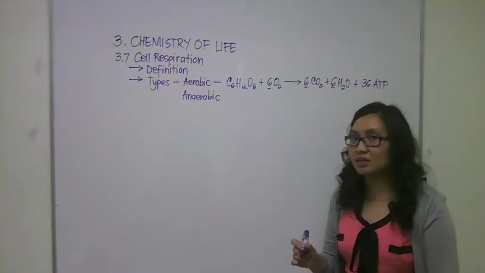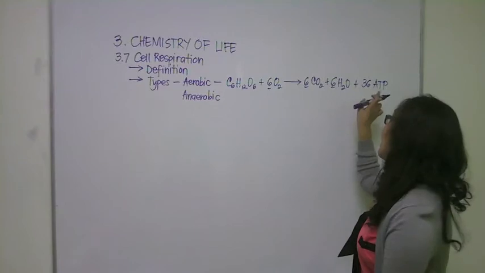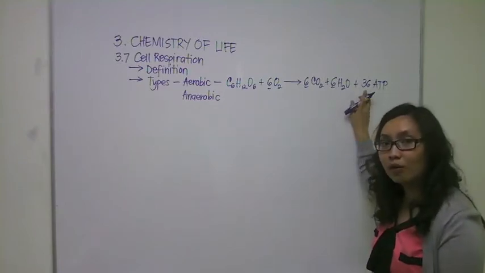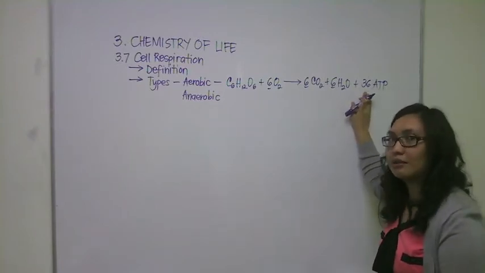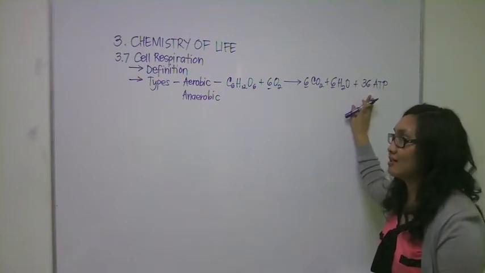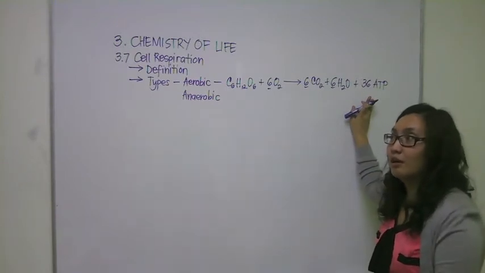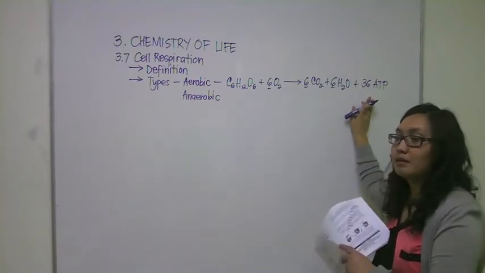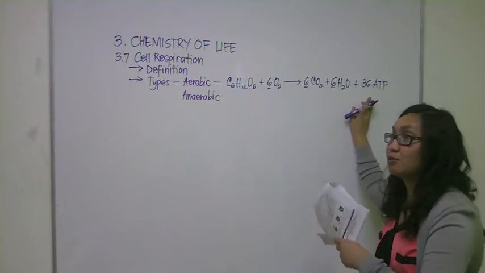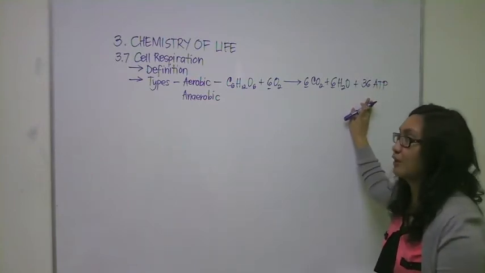In the case of HL students, we can further dissect where we acquire the 36 to 38 molecules of ATP. But for SL students, we can just say that along the processes of aerobic respiration, this type of respiration produces more energy and is more efficient in producing energy.